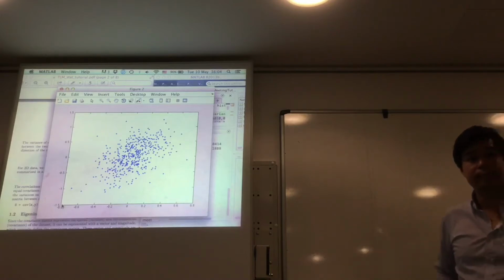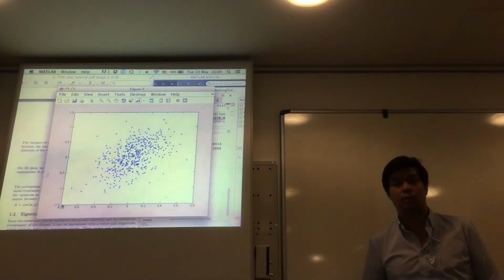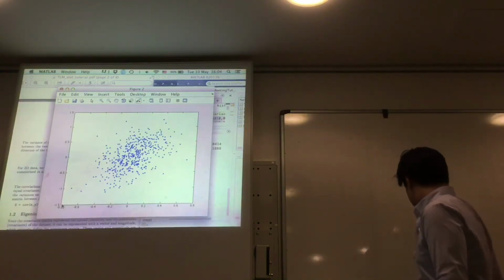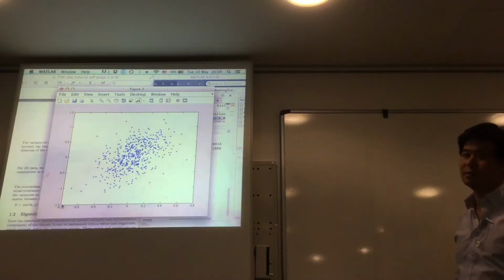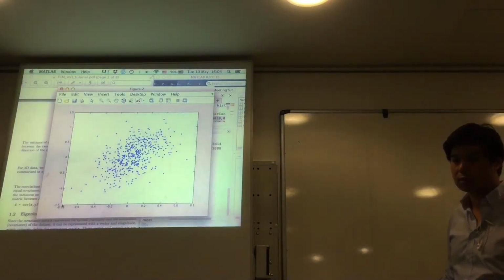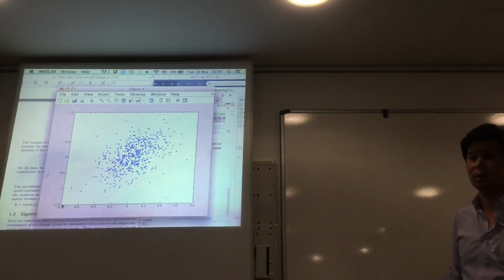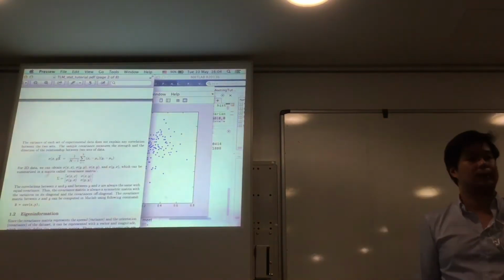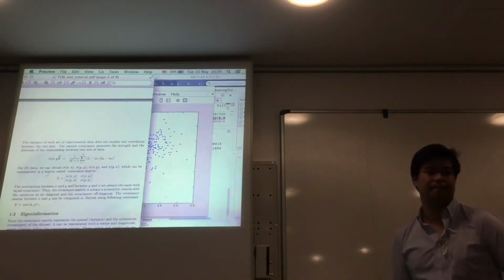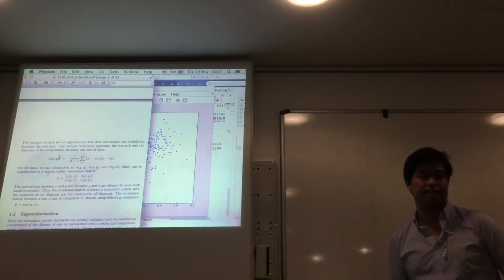What is the difference between the variance and the standard deviation? Variance is the square of the standard deviation. There's also a little thing: the denominator was n minus 1, but sometimes it's n. In the variance, you use n minus 1 because the data point at the mean doesn't add anything to this sum.